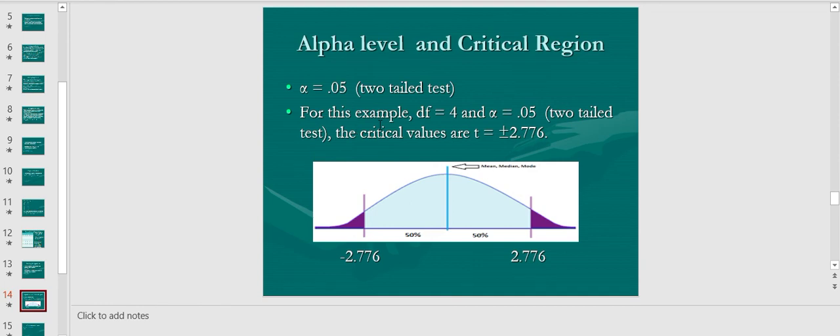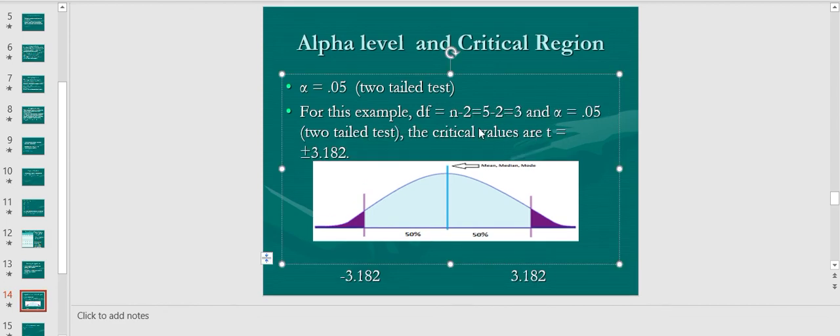For this example, DF is n minus 2, which is equal to 5 minus 2, which is 3, and the degree of freedom for this set of data is 3. Alpha level is 0.05 with a two-tailed test, and the critical values for t are plus minus 3.182.